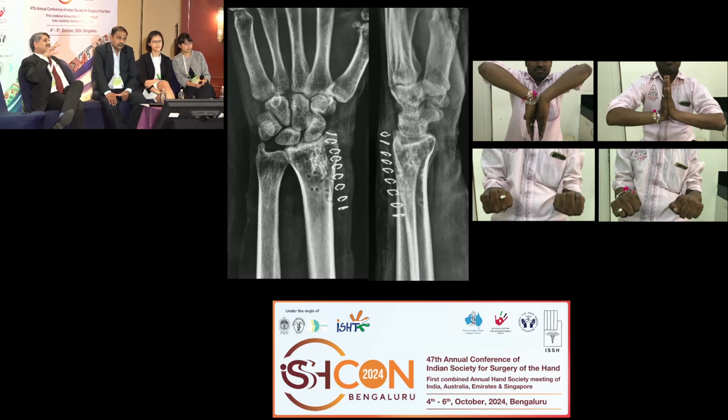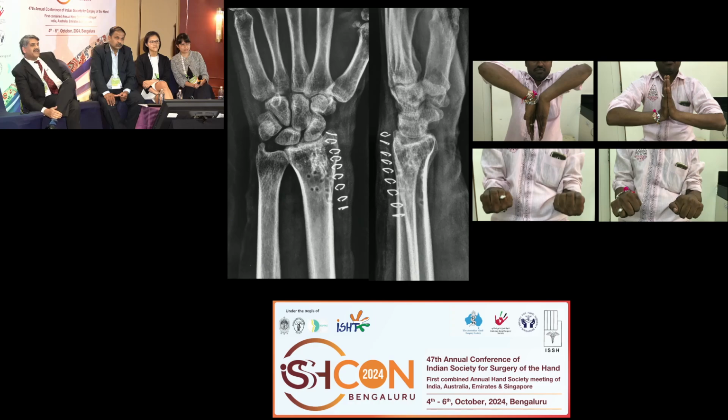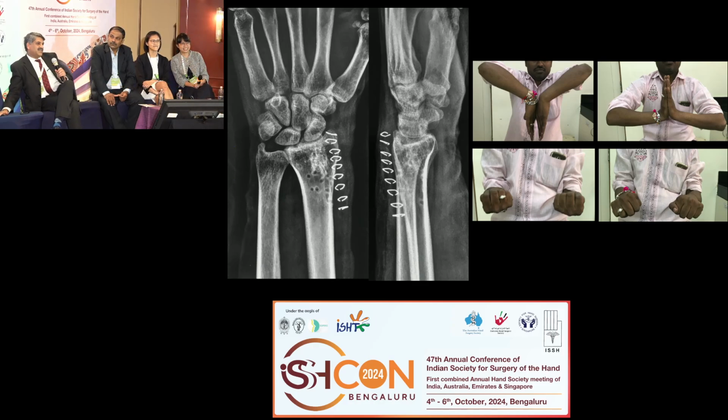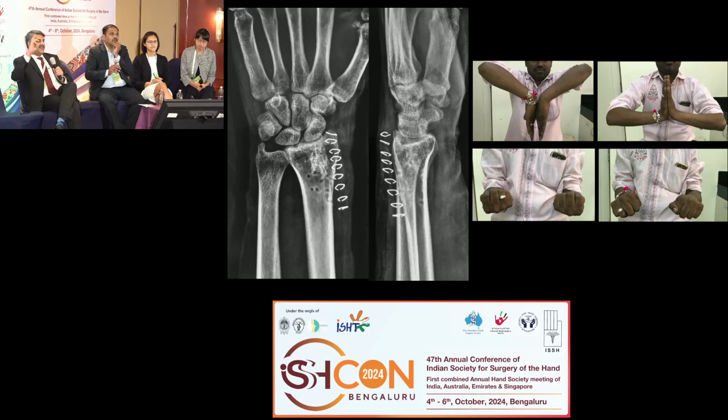You don't get that many options in terms of the angle and the trajectory with dorsal plates, at least the ones which we have available in our inventory. So to answer your question, technically it's always easier to put it from the volar side, but obviously it has to be dictated by the fracture pattern you're dealing with. You cannot go in with a fixed approach that I'm going to go volar in all cases or dorsal, so the idea is to be flexible.